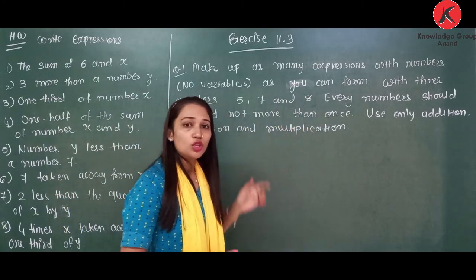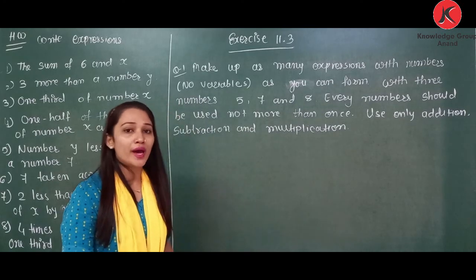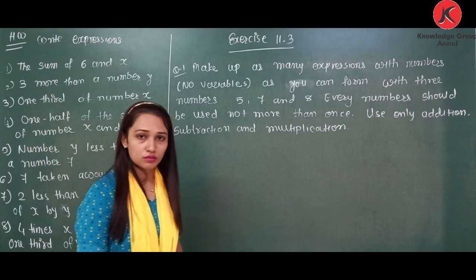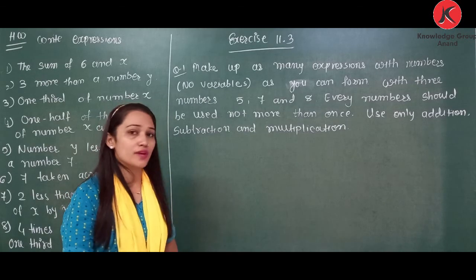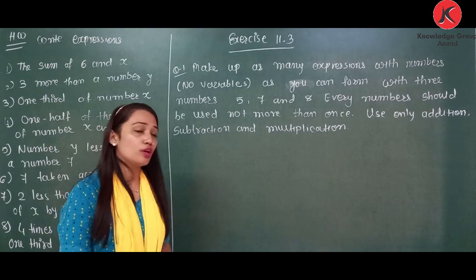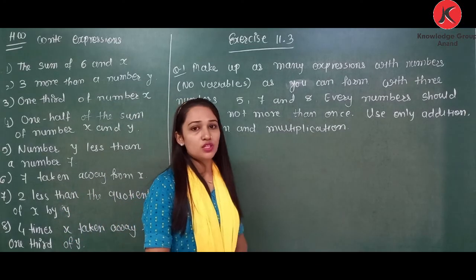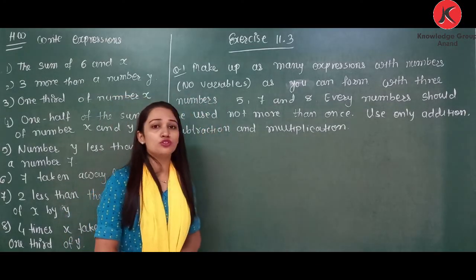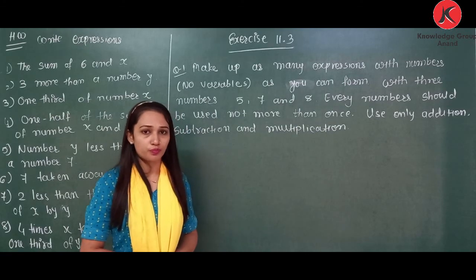Using these numbers you need to form a numerical expression with no variable. You don't need to use variables, only 3 numbers 5, 7 and 8, and 3 operations, addition, subtraction and multiplication, and also one condition is that every number should be used only once.